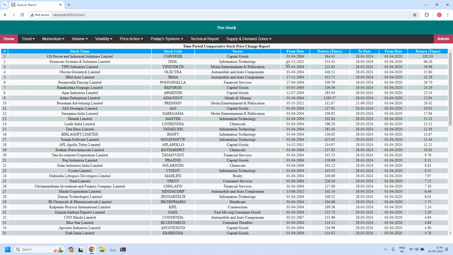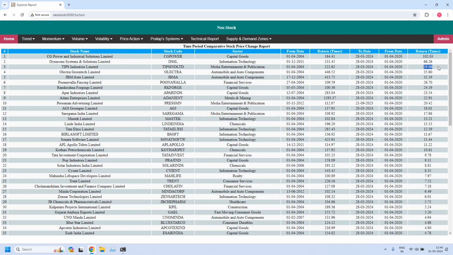Moreover, this stock is from 2011 onwards, not for the last 20 years, mostly the last 12 years of performance. Maybe you may consider this stock, but see the next one. 222 times return it has given for the last 20 years, but from the pandemic onwards it has given 59 times. So definitely it could have been a good stock.